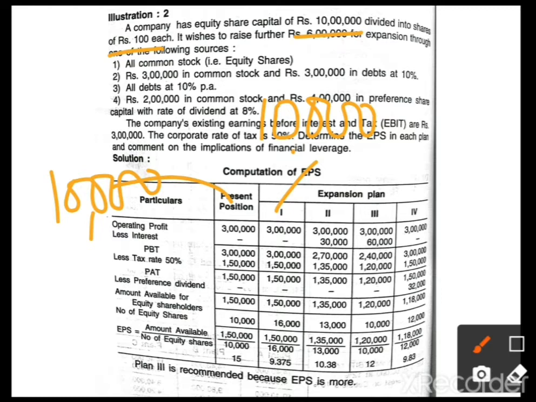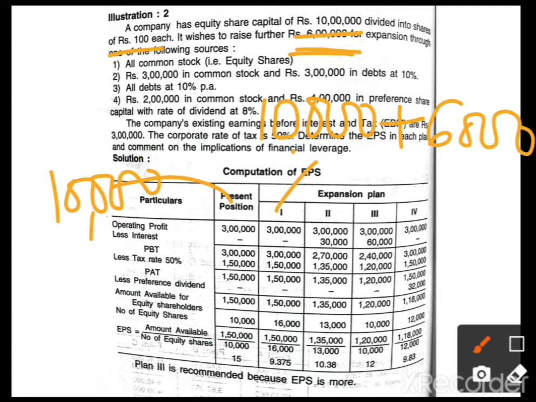In plan 1, the new equity share is how much? 6 lakh divided by 100, because each share is collected at the rate of 100 each. In the previous class they collected 10 each, but in this problem they are collecting at 100 each. Whatever it is, you have to take it. 6 lakh divided by 100 each gives plus 6,000. Then the total will be 16,000. You have to write it here, 10,000 plus 6,000.